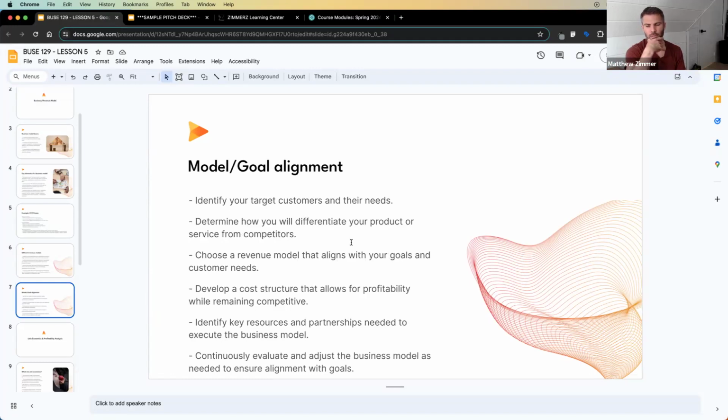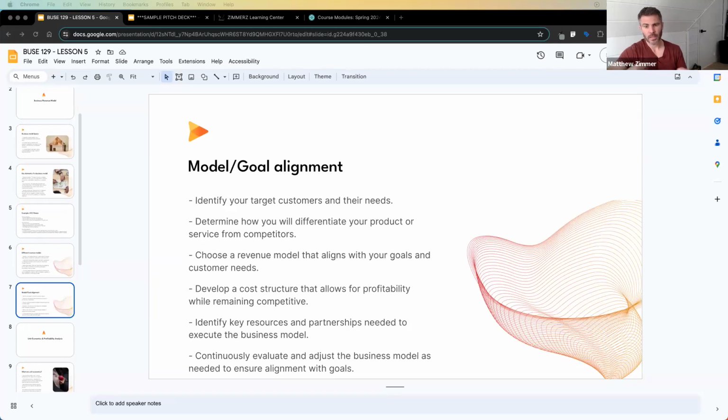So like I was saying before, we want to make sure everything is aligned. We want to make sure that we're being super authentic and upfront, and that the business model we're producing is aligned with what our goals and our customers' needs are.